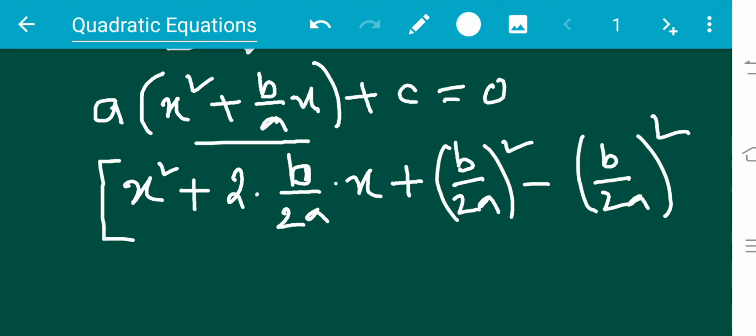So this one is complete, and plus c equal to 0.